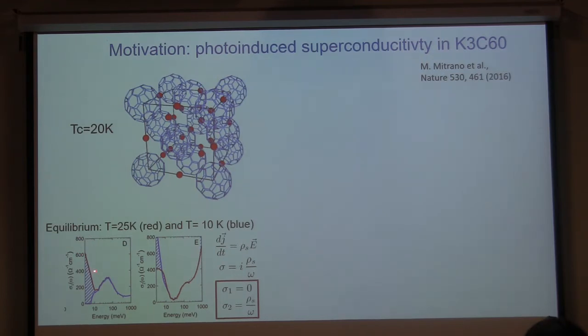When the system becomes superconducting, this blue line, a quasi-particle gap opens up, so the quasi-particle continuum starts around 10 meV. At the same time, in the imaginary part of the conductivity in the superconducting state, we see a one over omega tail which develops at small frequency.